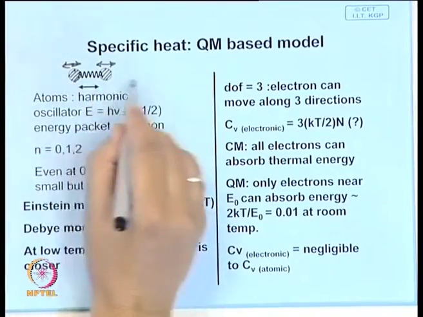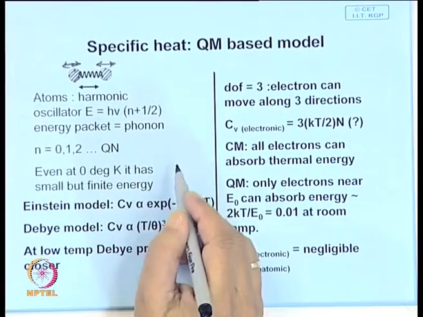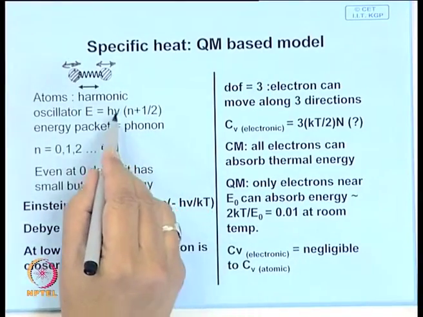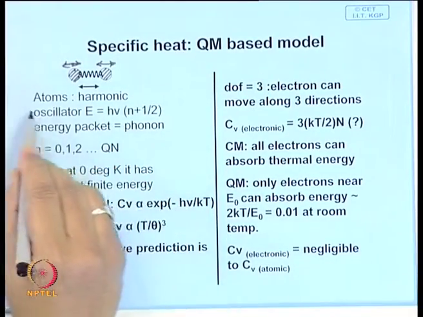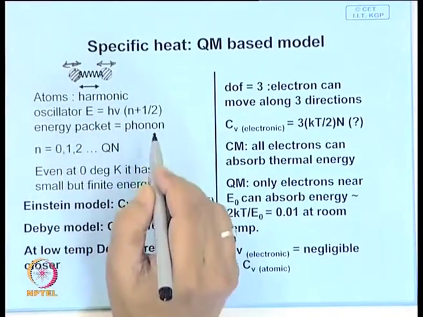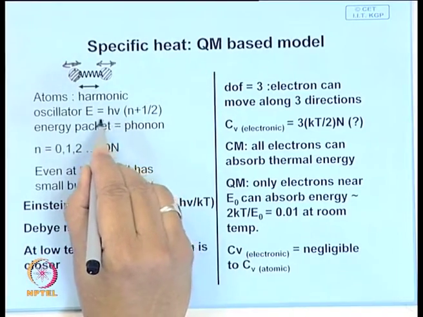And this oscillation frequency is a function of temperature. Now, in the quantum mechanical model, it is assumed that this oscillator can have certain specified levels of energy, which is given by this.